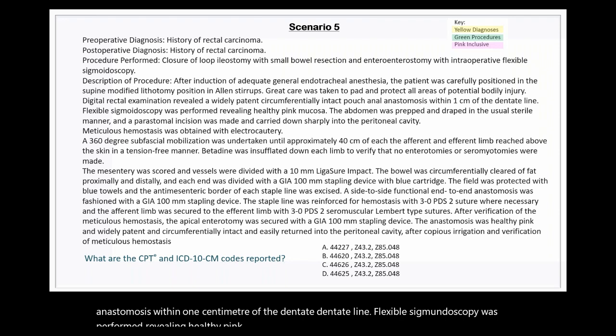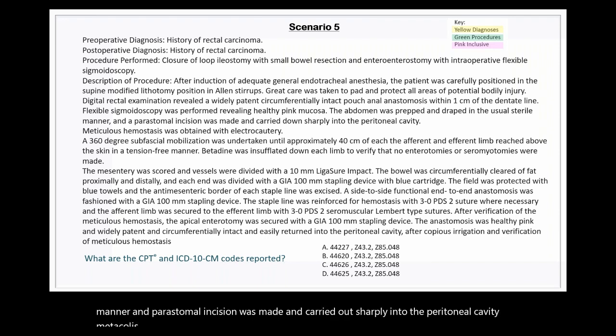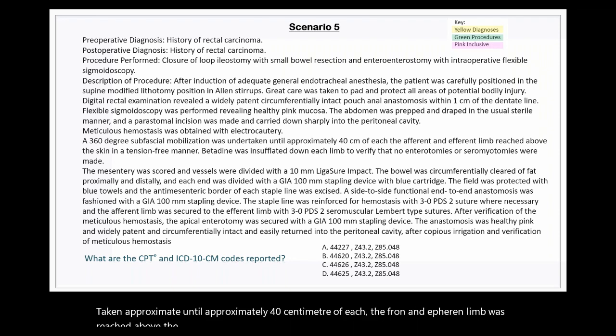The abdomen was prepped and draped in the usual sterile manner, and a parastomal incision was made and carried down sharply into the peritoneal cavity. Meticulous hemostasis was obtained with electrocautery. A 360-degree subfascial mobilization was undertaken until approximately 40 centimeters of each the afferent and efferent limb reached above the skin in a tension-free manner.